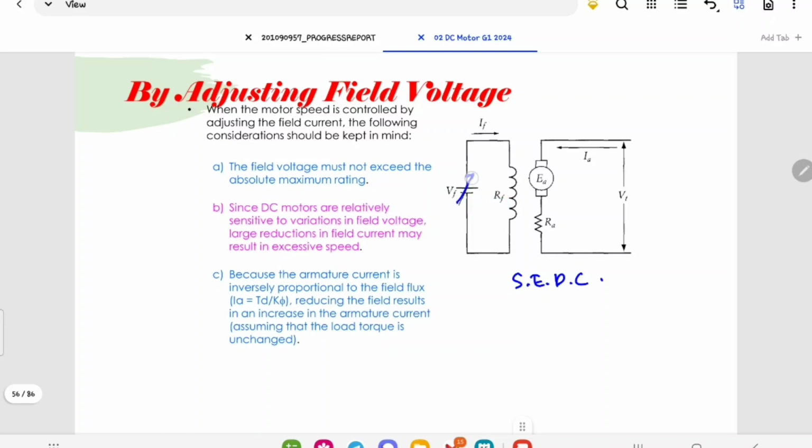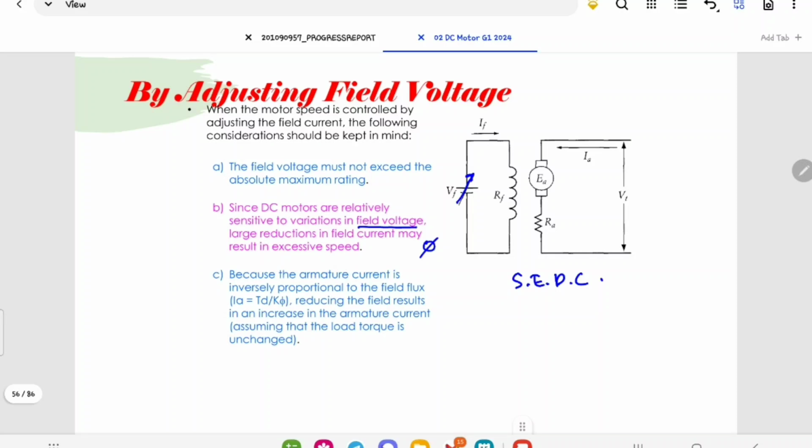If you adjust this one, you must not exceed the absolute maximum rating of the field voltage, because the speed will be in an uncontrollable condition. Since DC motors are relatively sensitive to variation in field voltage because it involves flux, a large reduction in field current may result in excessive speed.